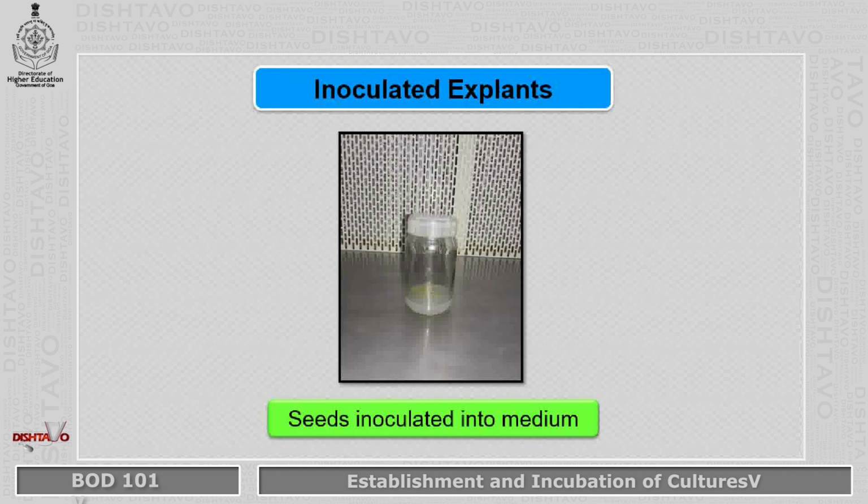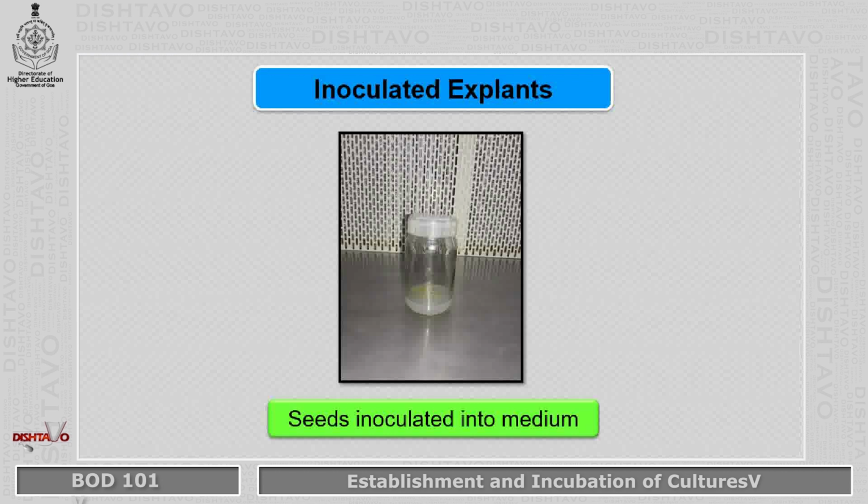Students, in this slide you can see an image, and in that image there is a culture vessel which is inoculated with seeds. So in the previous module, we had the last part, we had learned about inoculation of explant.